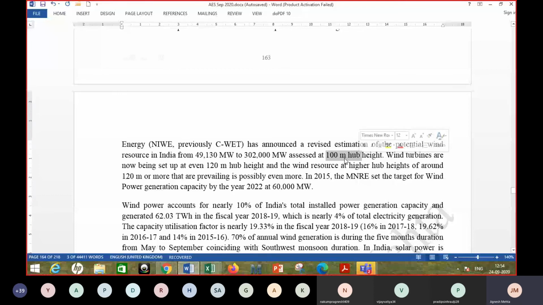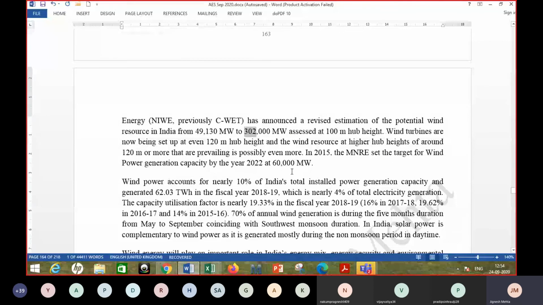So if you have a bigger turbine and more height, you can expect more power from a single turbine with almost the same area on the ground. So now it is at 302 gigawatt, and the target is around 60 gigawatt by 2022.